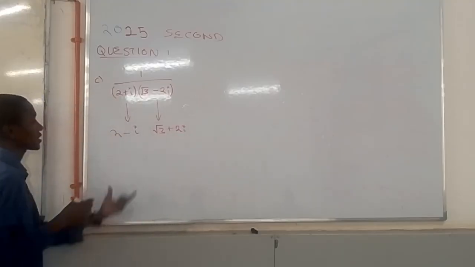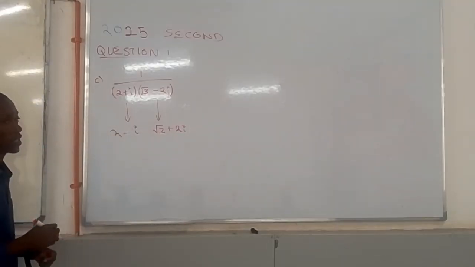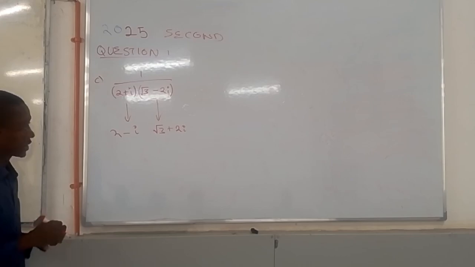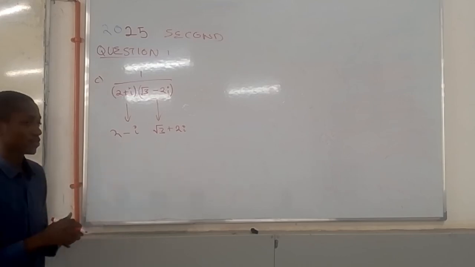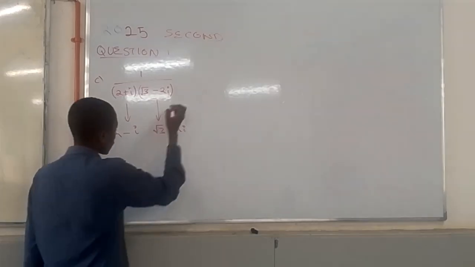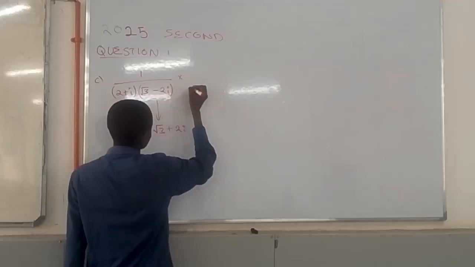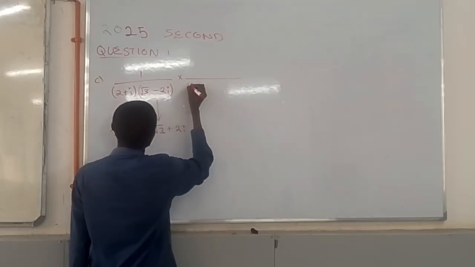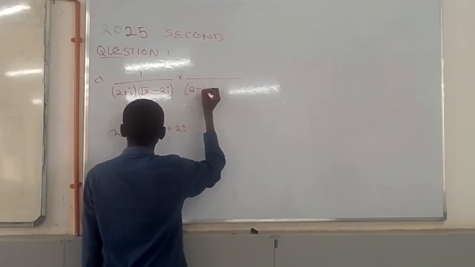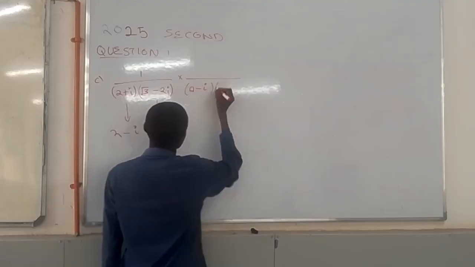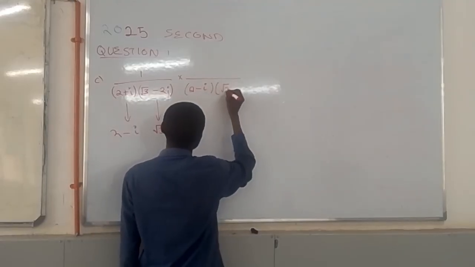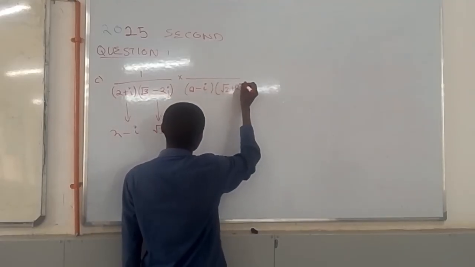These are the things that we need to introduce. So we need to say times 2 minus I, then root 3 plus 2I.